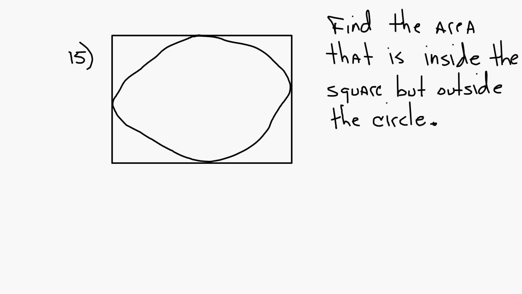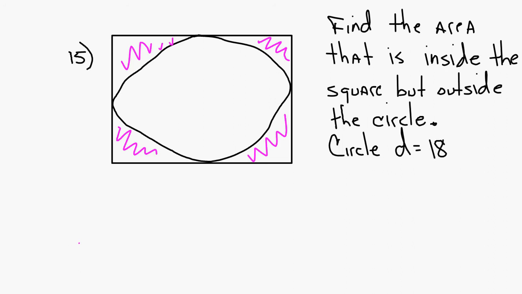Inside the square, but outside the circle. So if you were to take a highlighter and highlight that, you're looking for this, aren't you? All right? So, there's one other piece of information. Circle diameter equals 18.